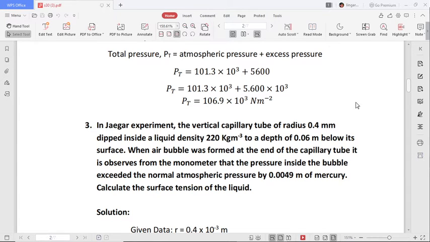We come to the third one. In Jaeger's experiment, a vertical capillary tube of radius 0.4 millimeter is dipped inside a liquid of density 220 kg per meter cube at a depth of 0.06 m below its surface. When the air bubble was formed at the end of the capillary tube, it is observed from the manometer that the pressure inside the bubble exceeds the normal atmospheric pressure by 0.0049 m of mercury.